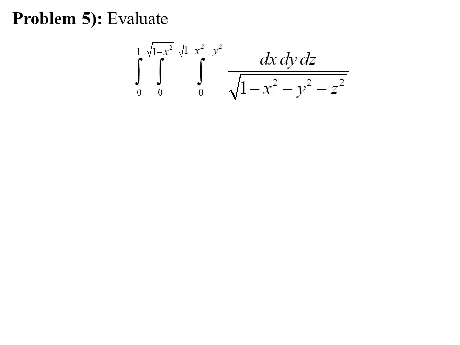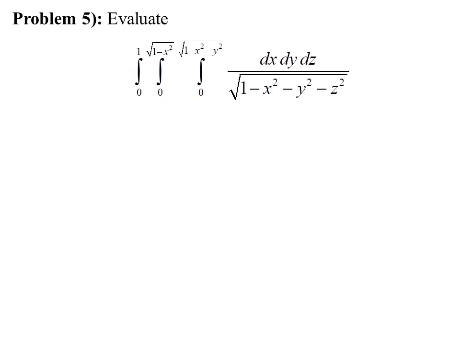In second integration sign, middle integration, limits are 0 to square root of 1 minus x square. As limits are functions of x, that must be limits of y. And finally the limit 0 to 1, these are limits of dx. So as we have given here, order we have to choose from right to left once again.